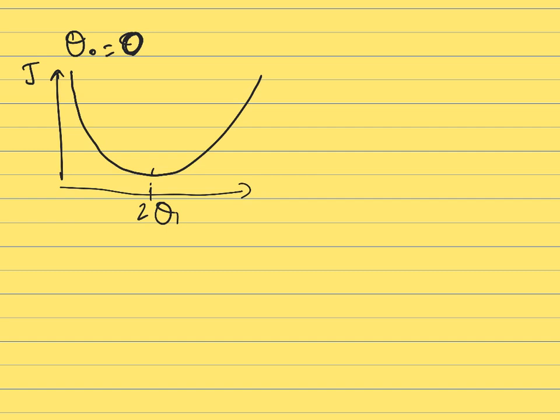You will start with an arbitrary value for theta 1, which will not necessarily be the best value. Then the gradient descent algorithm will make you go downhill, so you will start moving, and you always move in the direction that decreases the value of the cost function.